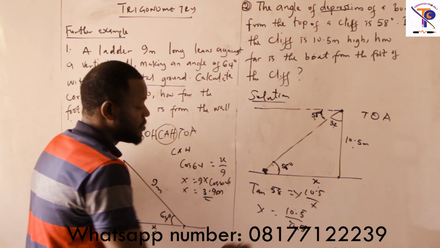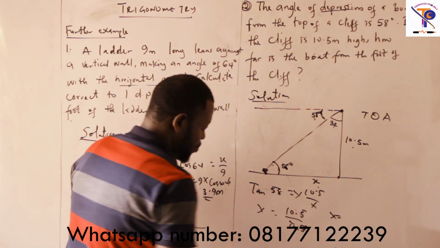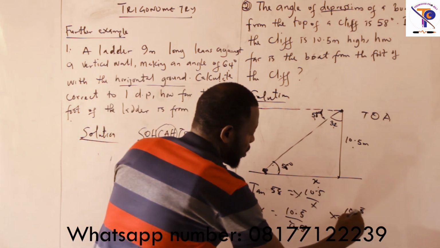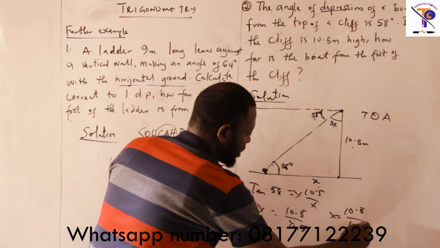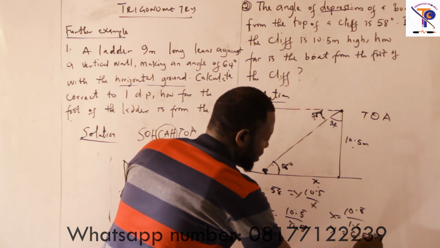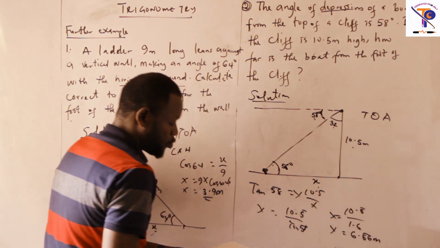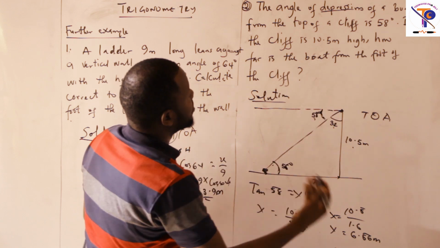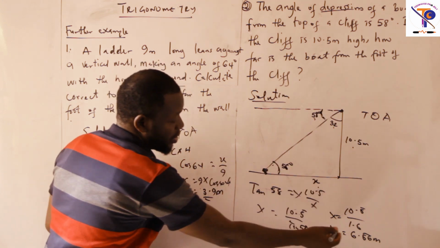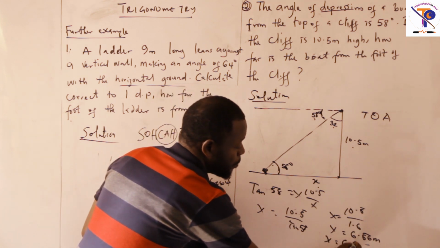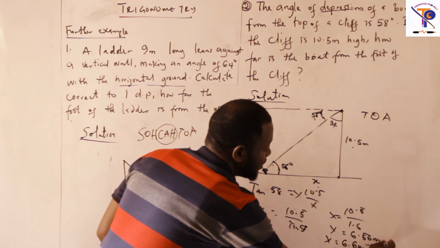Tan 58 is 1.6, so my x is equal to 6.56 meters. Do you have anything to correct to? Nothing is stated for how far. So if you correct this to one decimal place, we have x equal to 6.6 meters to one decimal place.